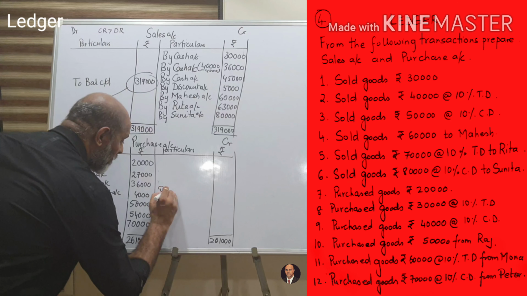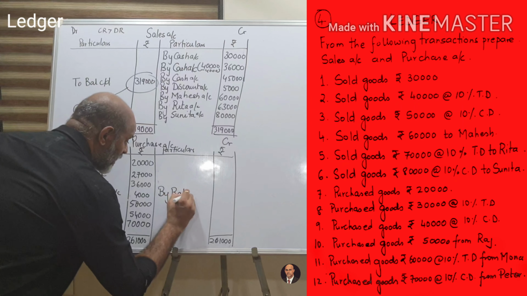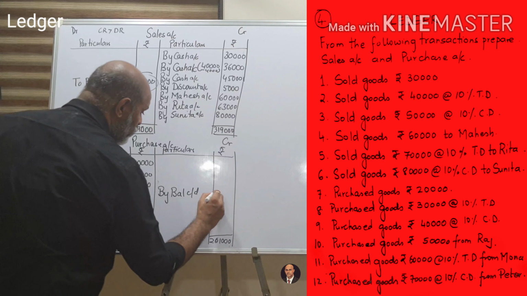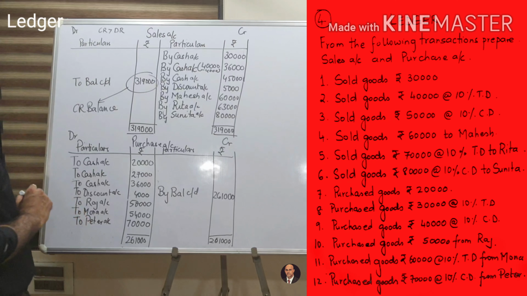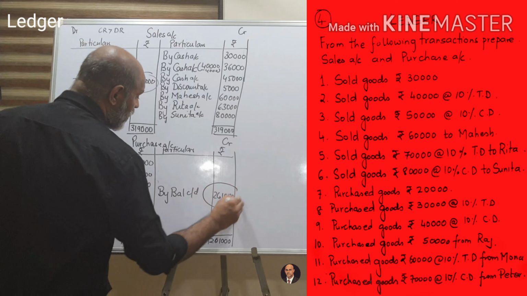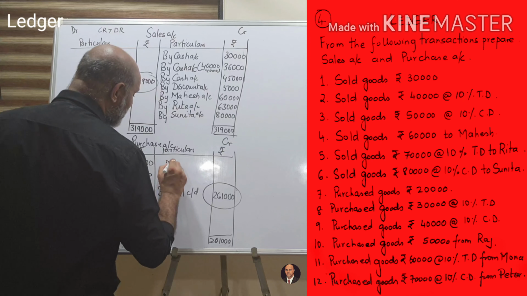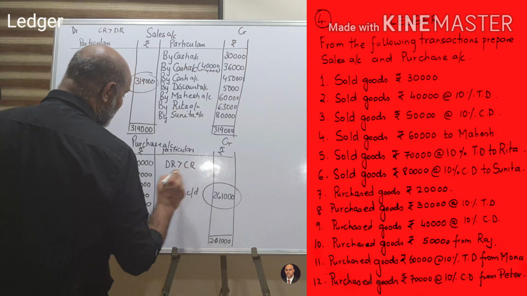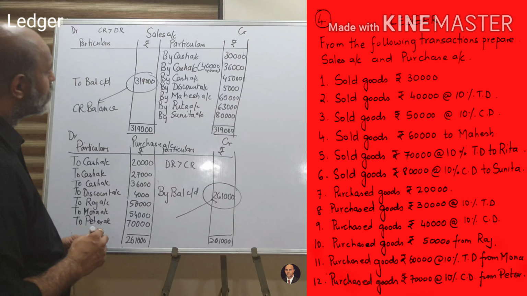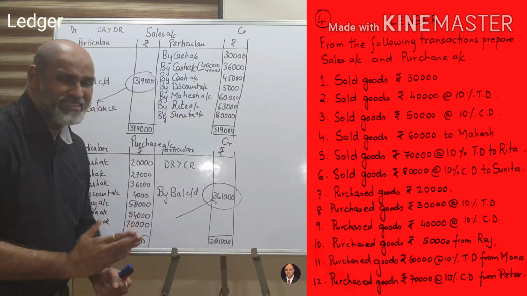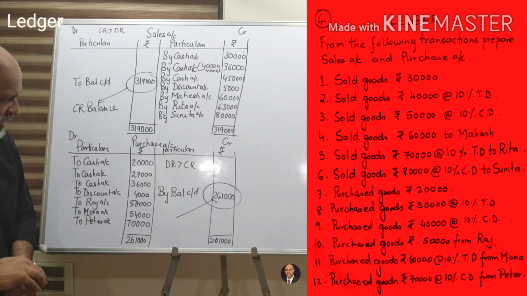So this is by balance carried down 2,61,000. This is a debit balance, because the debit side is greater than the credit side. That's why I had to put 2,61,000 on the credit side.